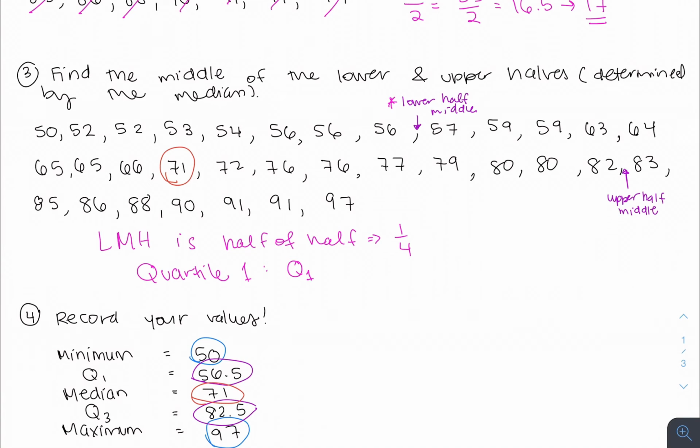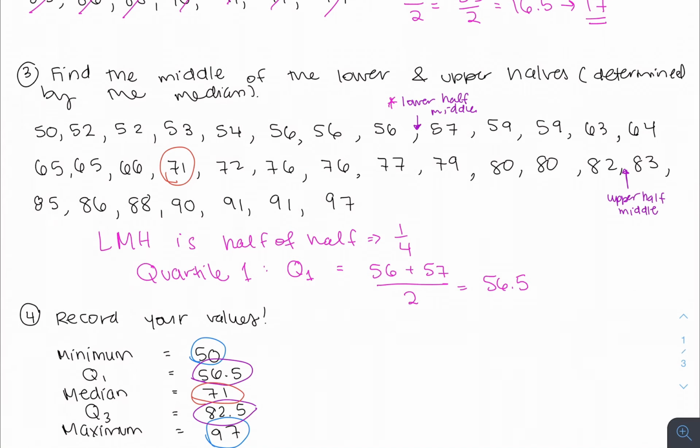And that just means that from Q1, which for us is going to be between 56 and 57, so we add them up, divide by 2, and we get 56.5. So at Q1, there's 25% of the data below Q1 and 25% of the data between Q1 and the median.